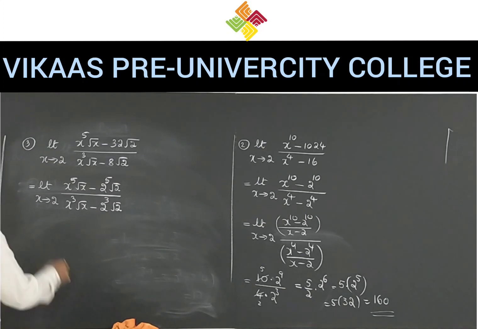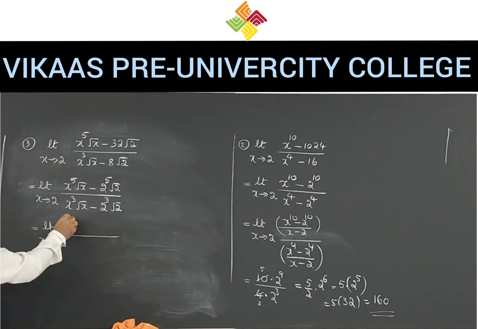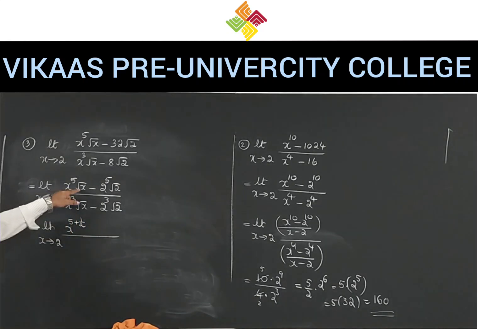Okay? Now we write it as limit x tending to 2. This is x power 5 plus half. Agree with me? What is root x? Root x is x power half.